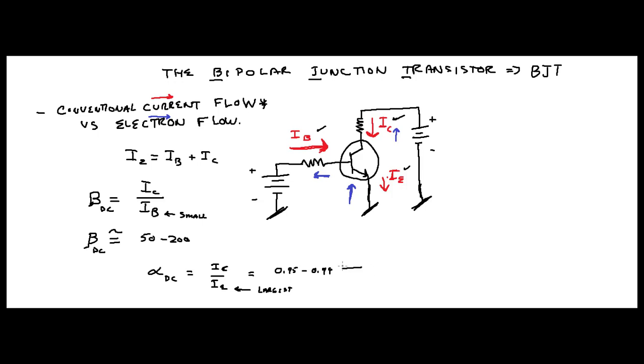This is where I got the 95% to 99% electron flow across the junction into the collector, right? It's this right here. 95 to 99% of the electrons that come in through the emitter are going to continue out through your collector. And if they don't go there, there's only one other place for them to go, and that's right here, out your base. Alright?